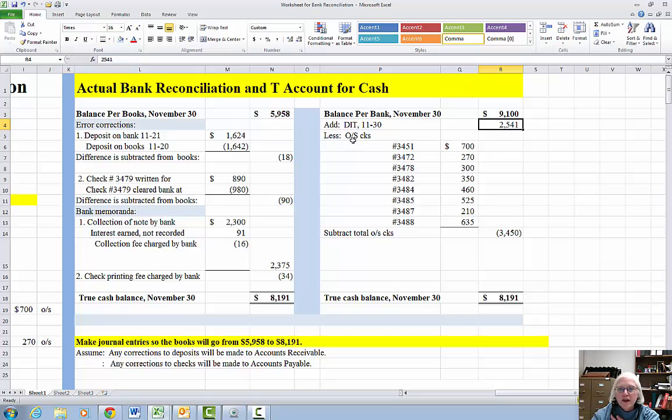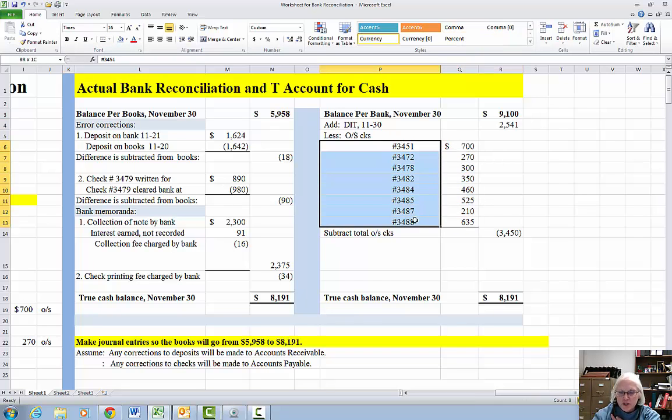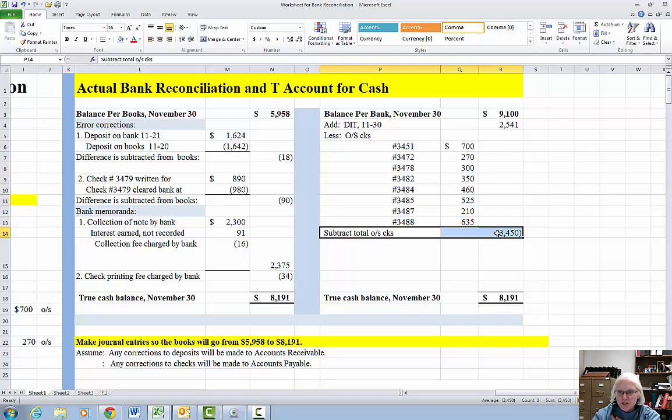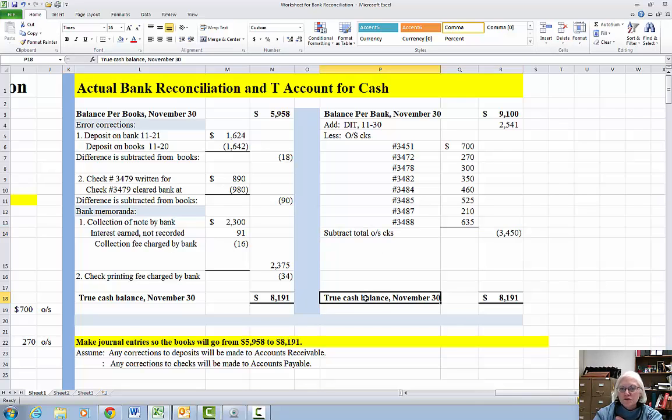And then we had a list of outstanding checks, and I simply copied over the check number, copied over the amounts, and the total outstanding checks are $34.50, and that's all we had. We had no errors or anything else to the bank. So the true cash balance that we're going to try to come to on our side of the books also is $81.91.